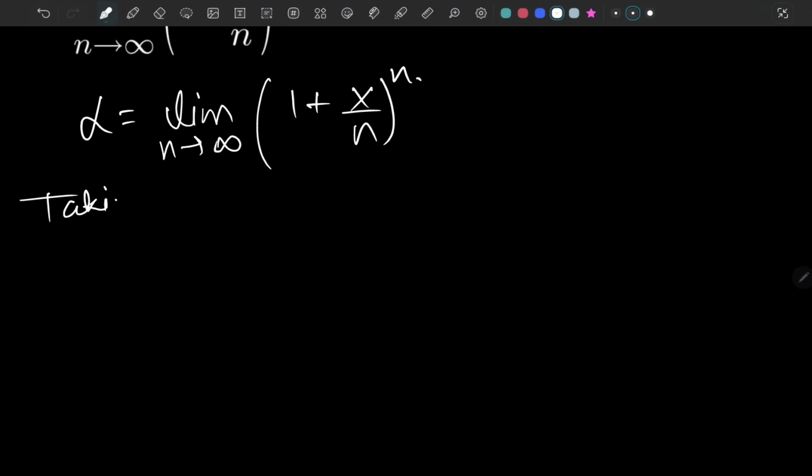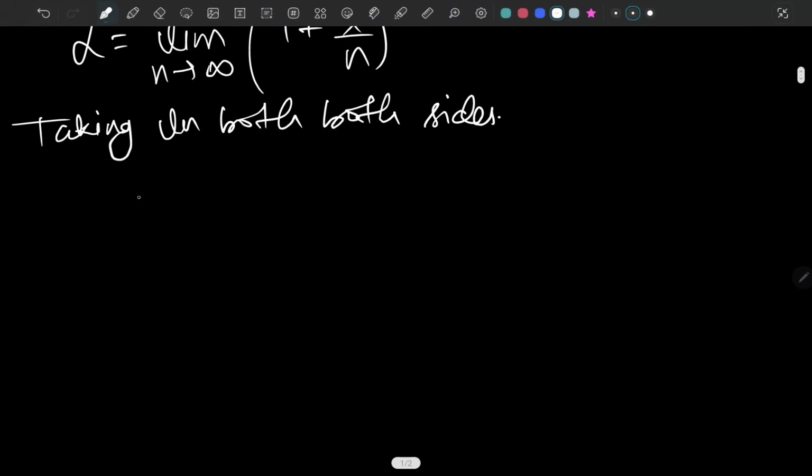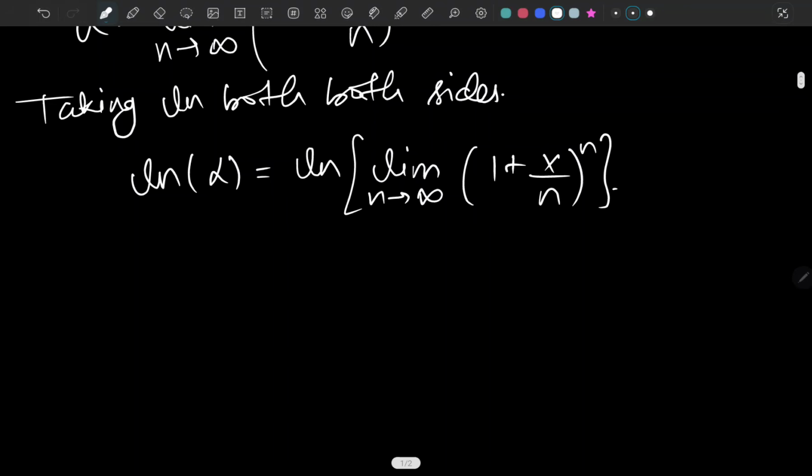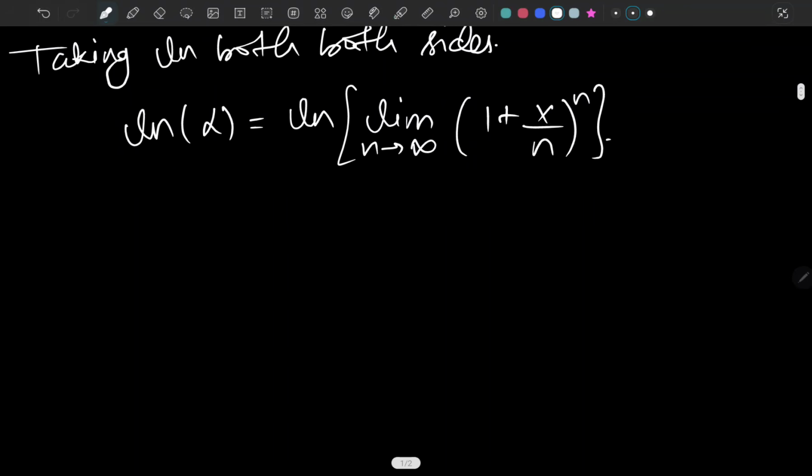That gives us ln of L equals ln of the limit as n tends to infinity of (1 plus x over n) to the n. Since ln is a continuous function, we can switch the order of these two things.